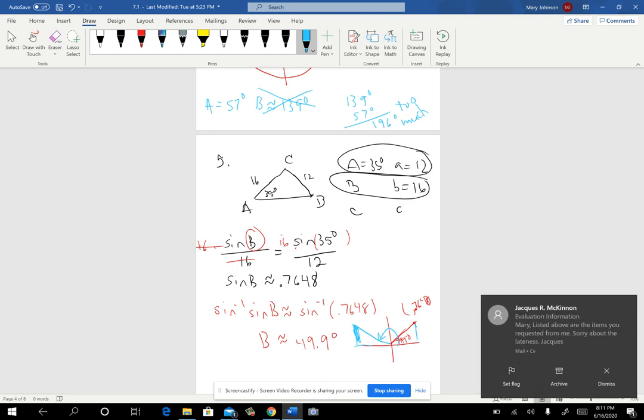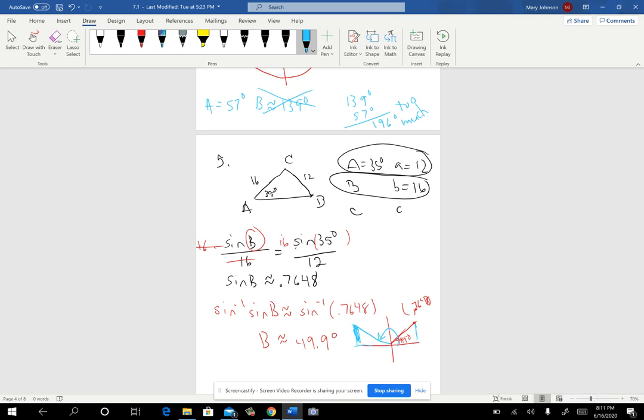And so you're going to take 180 minus, because see how this would be 49.9 right here? So I'm going to do 180 minus 49.9. And that tells me that that angle would be 130.1.